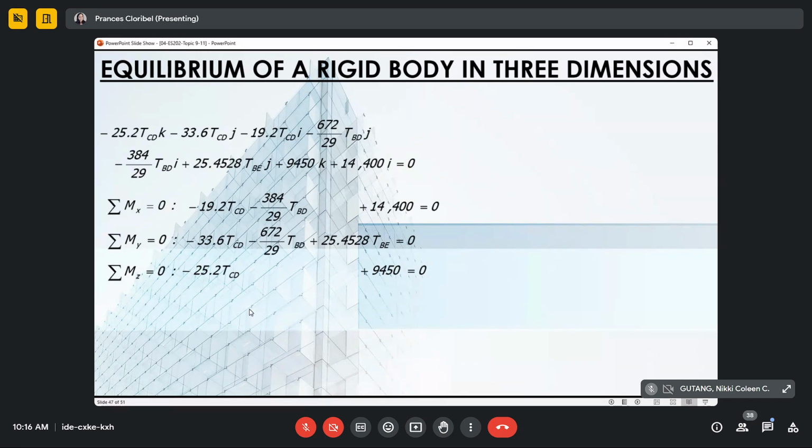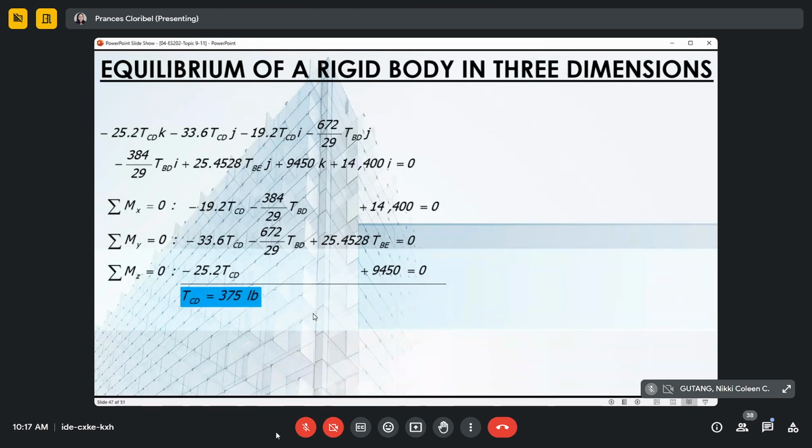So we now have 3 equations with 3 unknowns to solve for our tension CD, tension BD, and tension BE. You can use a calculator to check your solution, substitution, elimination, however you solve your unknowns is accepted.